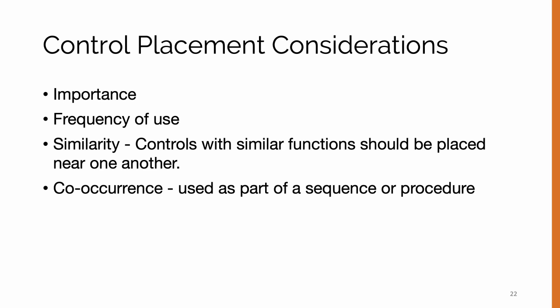And then I group things according to two components: similarity, so that controls with similar functions are placed close together, and co-occurrence, so that those things that are used in the same sequence or procedure are close together. So anytime I'm designing anything and I'm thinking about placement, I'm thinking about those really four factors: importance, frequency of use, and then grouping according to similarity and co-occurrence.